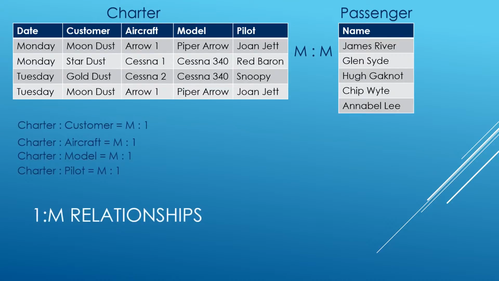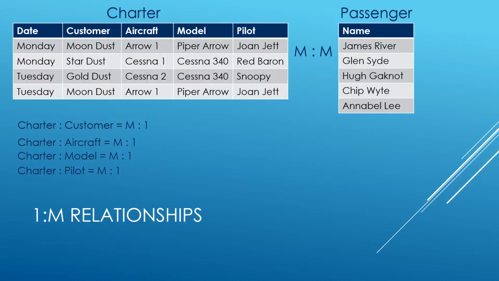But for now, let's look at what the one-to-many relationships are. If you look at charter to customer, a customer can have more than one charter. If you see Moondust here, Moondust has a charter Monday and Tuesday, but a charter is for only one customer. Same with aircraft. If you see the aircraft arrow 1, it is also on 2 different charters.